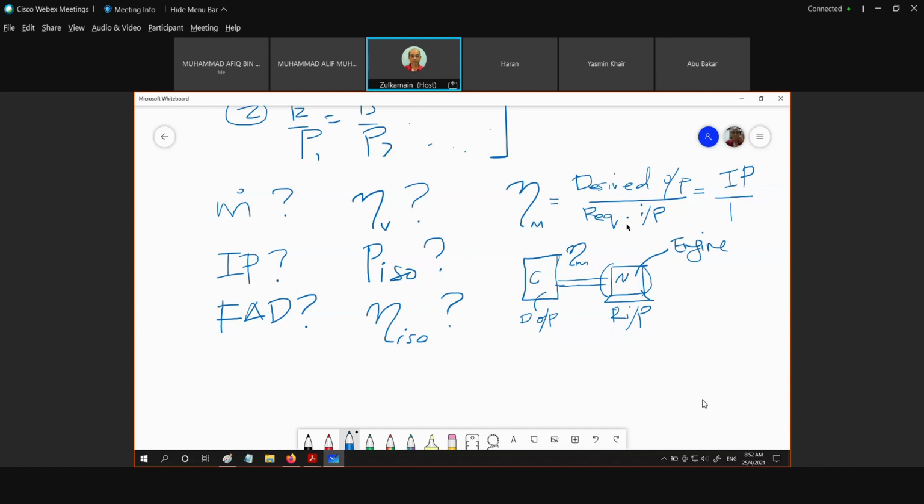This is power from the motor. So here it is always IP, and here it is always the motor power, or the power of the engine if an engine is used. Okay, so this is the definition of mechanical efficiency: indicated power divided by the motor power.